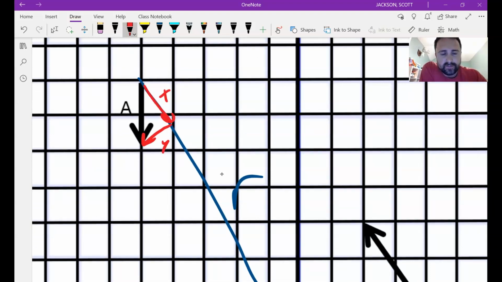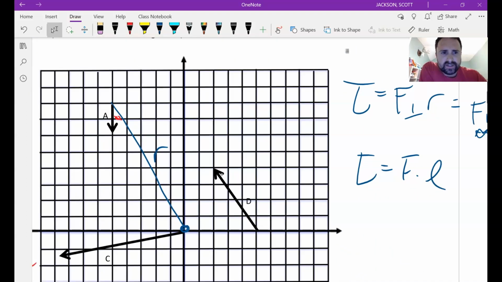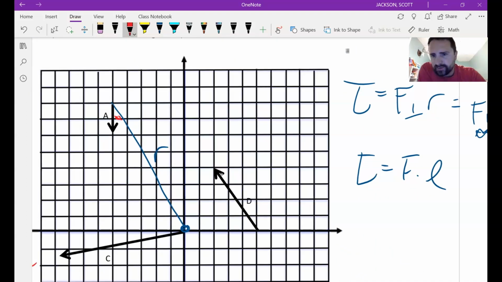So let's call that X and Y. So that Y component does matter. If I had to find the trig, I would have to find that angle. So if I had to do this, the force is 2 newtons, based off of this being 2 boxes.